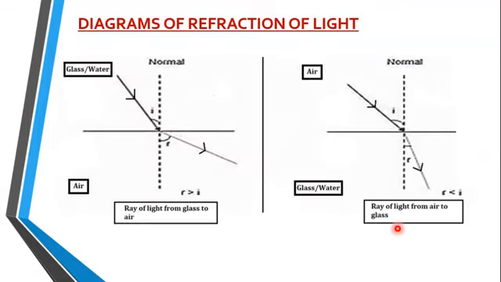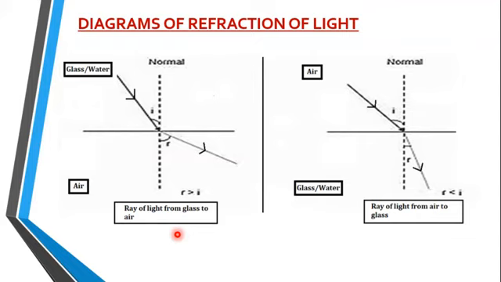Very good. Now let's take each diagram one after the other and know what it entails. We'll start with the one on the left. If you look at this diagram compared with that of the diagram of reflection of light, they share some similarities and yet there are some differences.